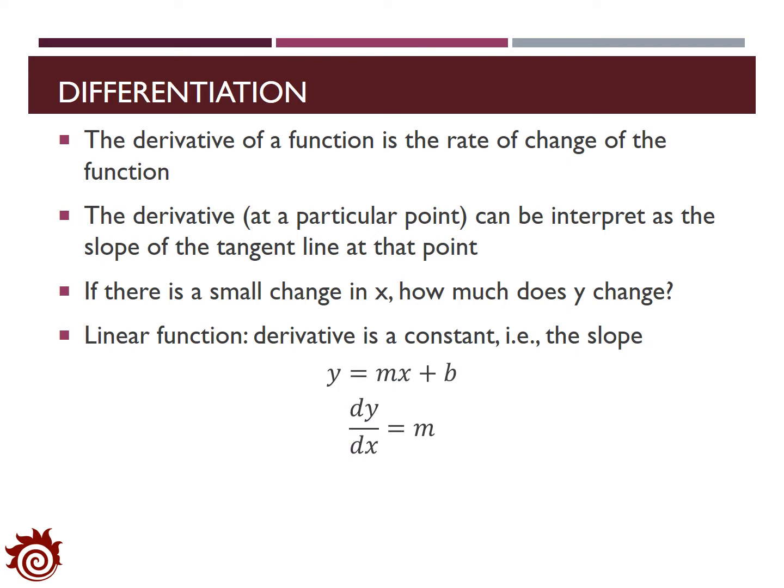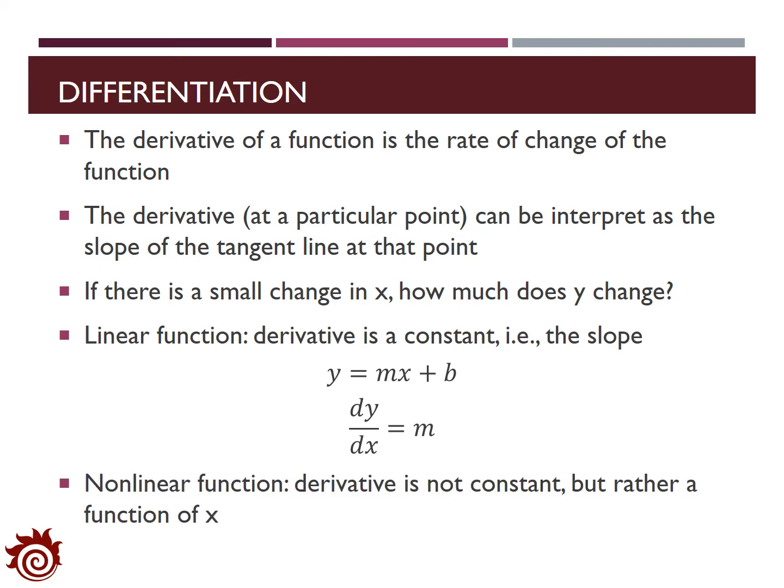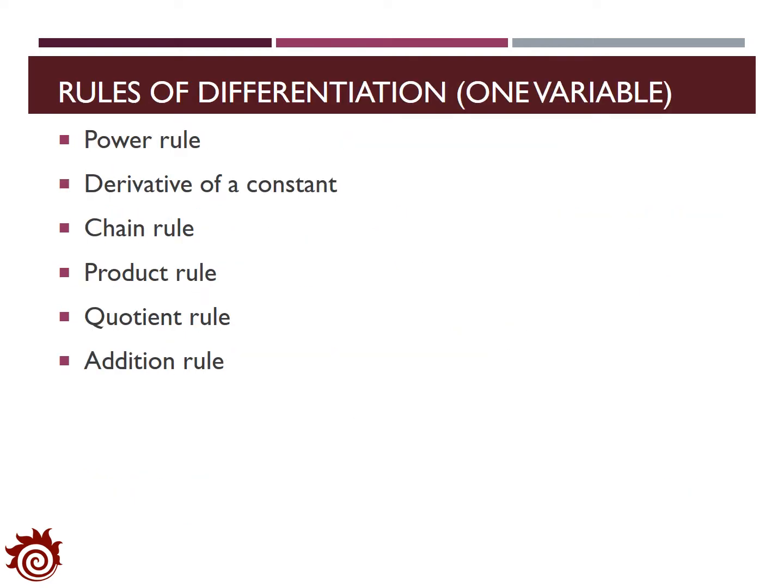For example, if we have the function y equals m times the input variable x plus b, then the derivative of y over x is m. For linear functions, the derivative is always constant, but for nonlinear functions, the derivative is not constant, but rather is a function of the input variable x.